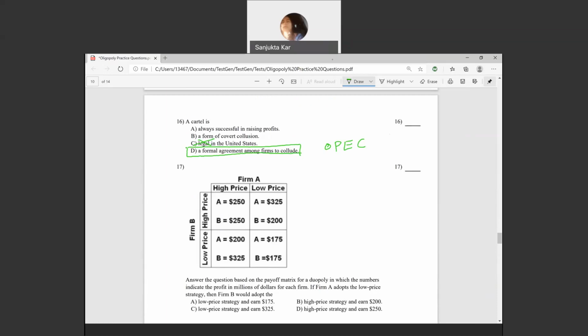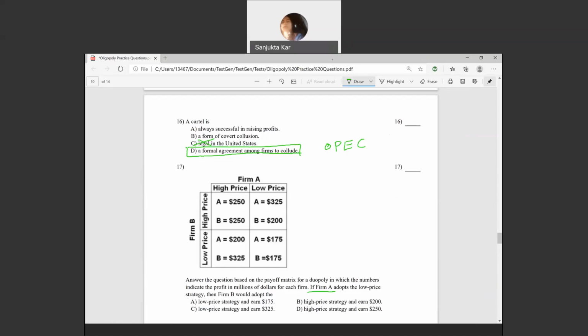All right, coming to question number 17. We have a payoff matrix, a duopoly in which the numbers indicate the profits in millions for each firm. If firm A adopts the low price strategy, then firm B would do what?